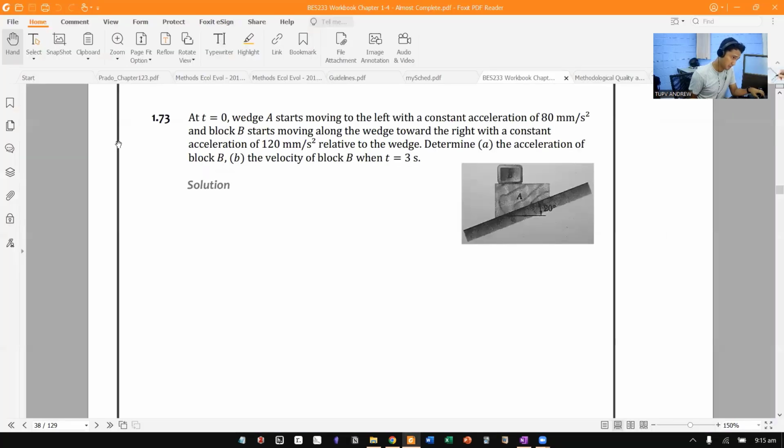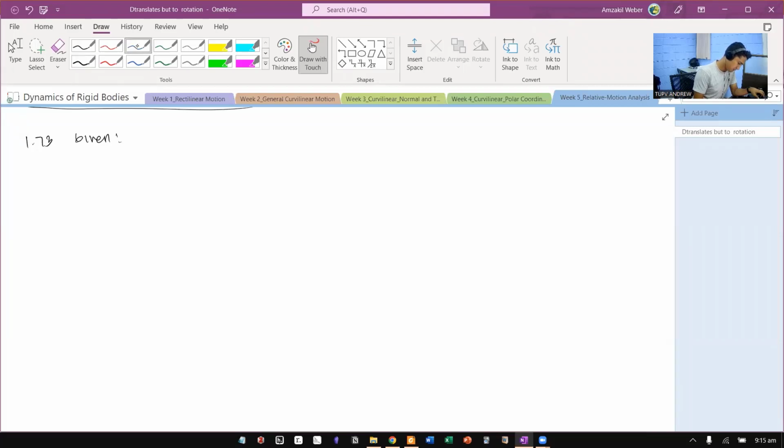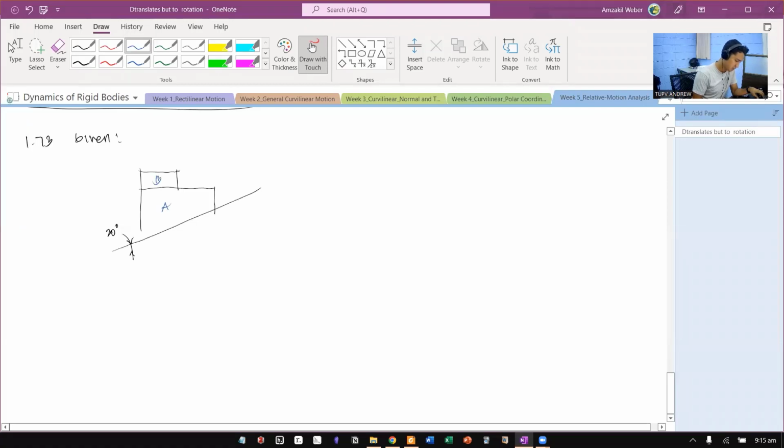Given, let's draw. 20 degrees. This is B. This is A. A starts to move downward, and B starts to move.